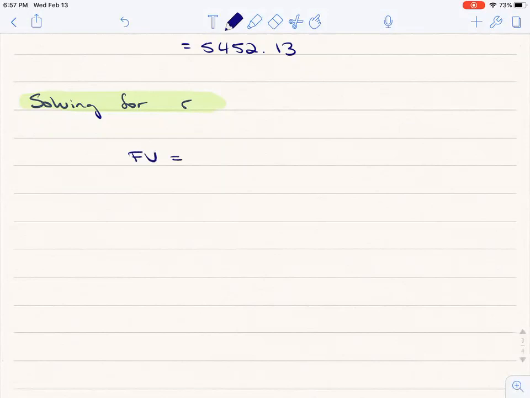We have the future value is P times 1 plus RT. So in general, if we had to solve this for R, we'd have to divide both sides by P, so we get future value over P is 1 plus RT. If I'm not multiplying anything by P anymore, I can drop those brackets.